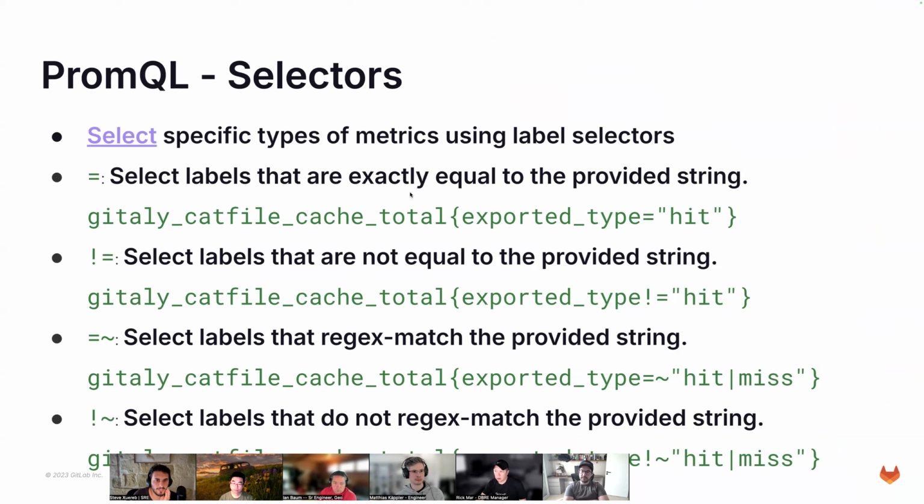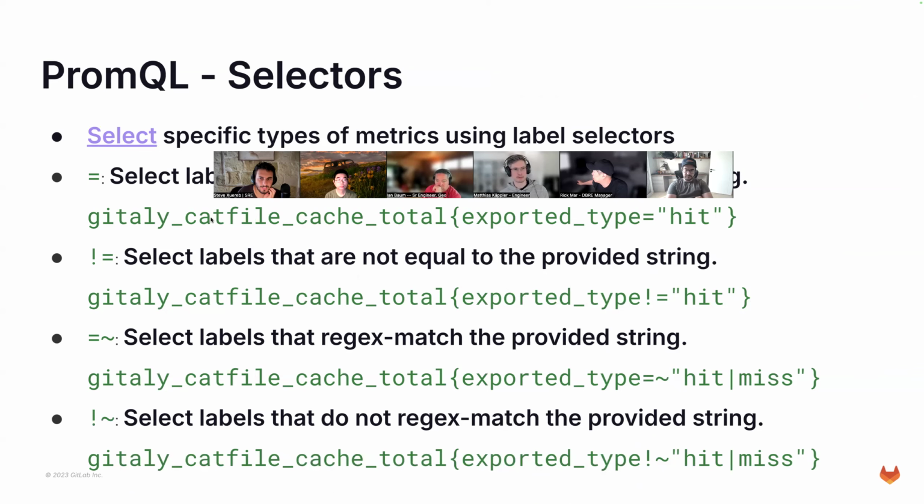You define the specific metric that you want, and you filter for a specific label. So you want to look at the hit for this cache metric, right? You can do not equal to, like this. And then you can also do regex matching as well. So you want to look at hit and miss, or you don't want to look at hit and miss.